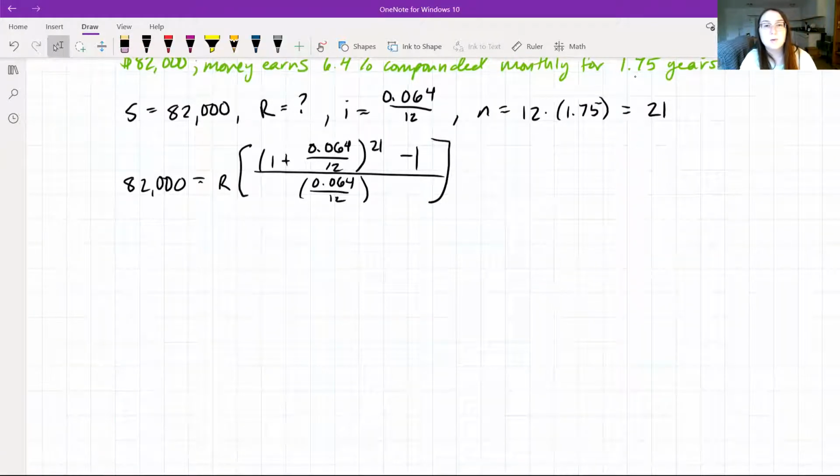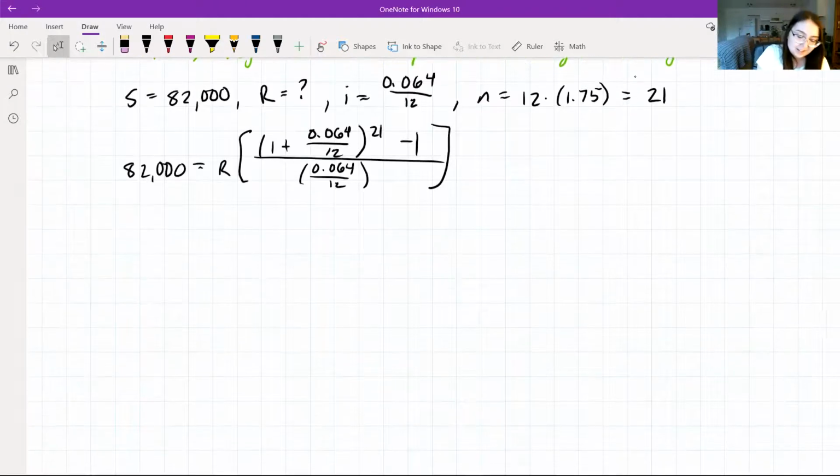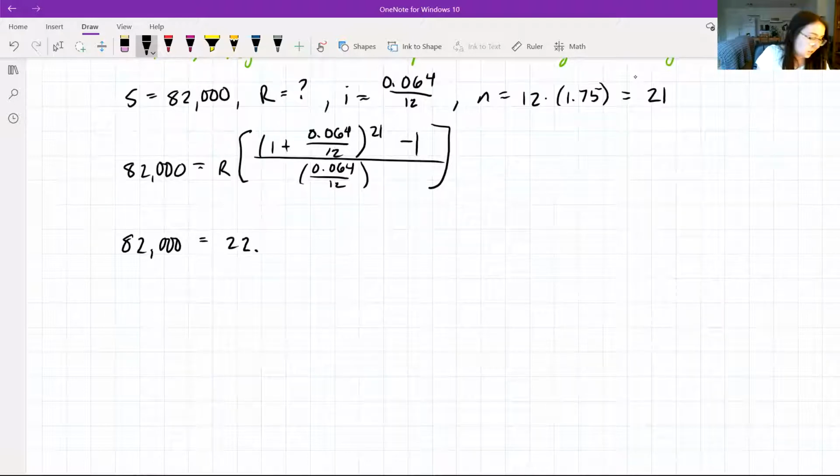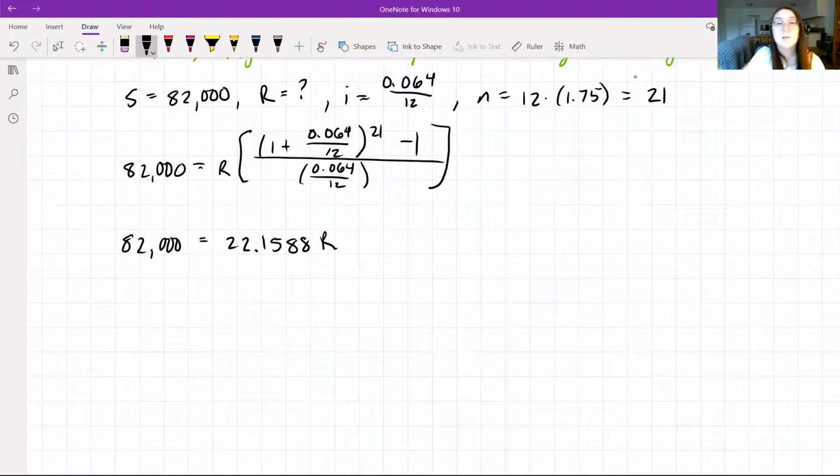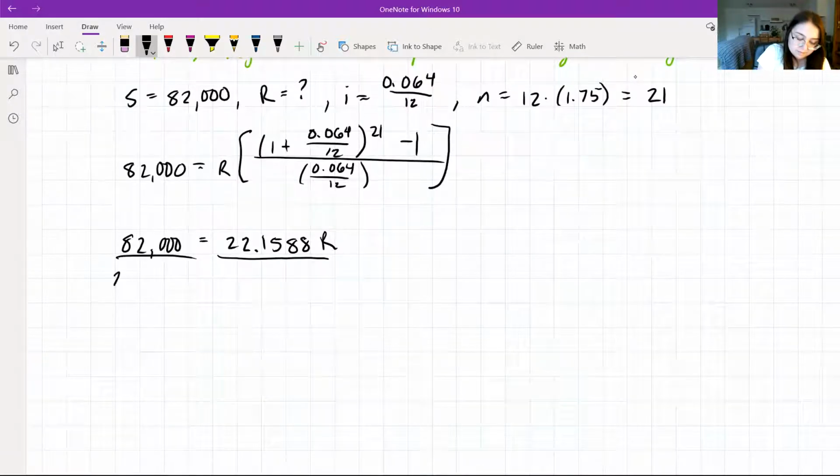What we really want to do is simplify the right-hand side so that we can just divide by whatever number is being multiplied by R. If we calculate the right side, which I highly suggest that you do on your own, you should end up getting 82,000 equal to 22.1588 times R. So now we're just going to divide to isolate R.